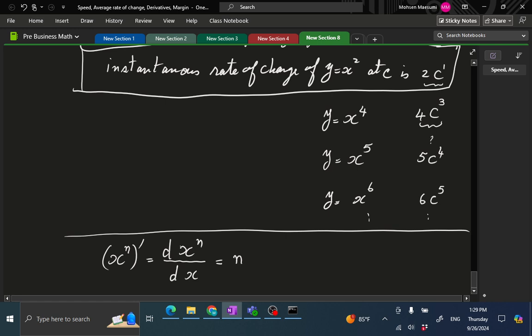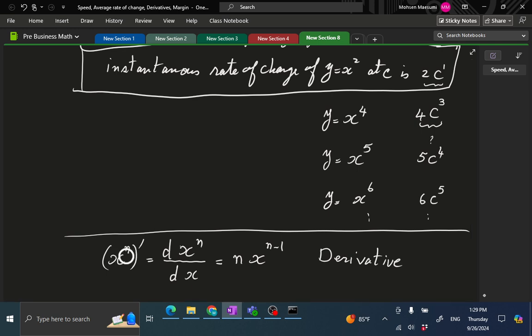This is going to be n x to the power of n minus 1. What is this? This is called the derivative of a power. The derivative of x to the power of n is n x to the power of n minus 1.